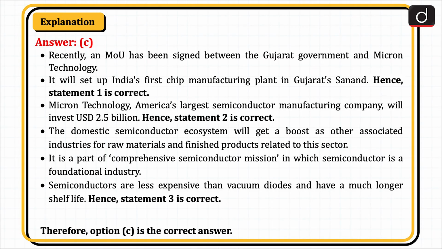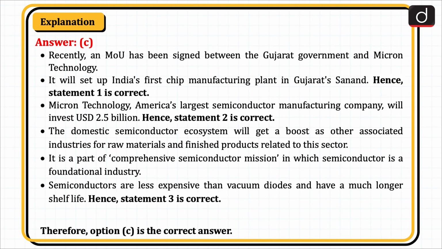Recently, an MOU has been signed between the Gujarat government and Micron Technology. It will set up India's first chip manufacturing plant in Gujarat's Sanand. Hence, statement 1 is correct. Micron Technology, America's largest semiconductor manufacturing company, will invest $2.5 billion. Hence, statement 2 is correct.